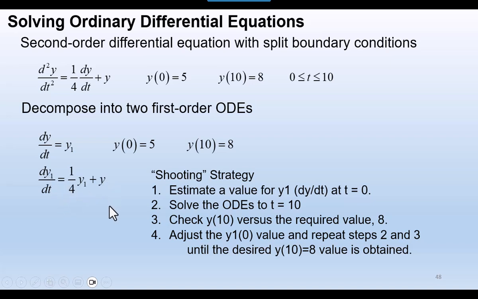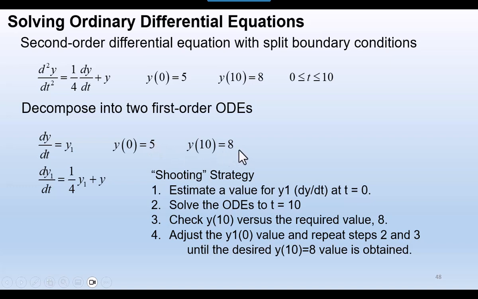Now, the next thing is we need a strategy to solve this, and a typical strategy numerically is that in order to do this, we need an initial value for y1. We don't have one. So what we do is we estimate one, and we solve the equations out to t equals 10. When we get there, we check and see if y is equal to 8 when we get there.